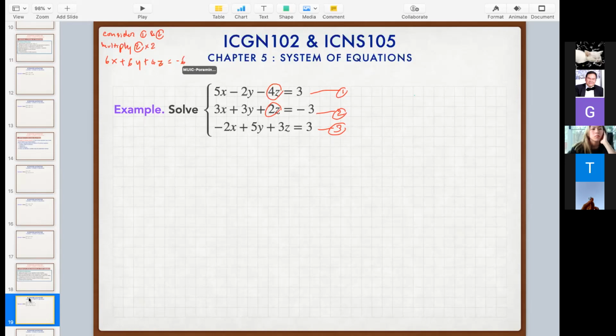So I add 1 and 2 together. The thing that I get is 5x plus 6x, minus 2y plus 6y, minus 4z plus 4z equals 3 minus 6.